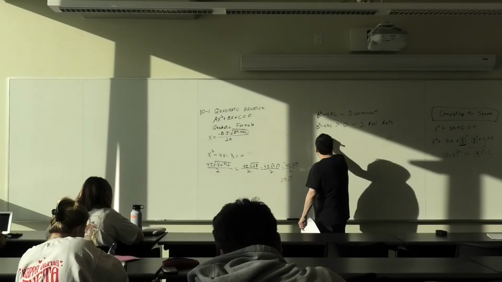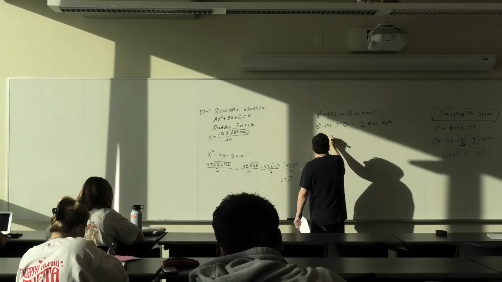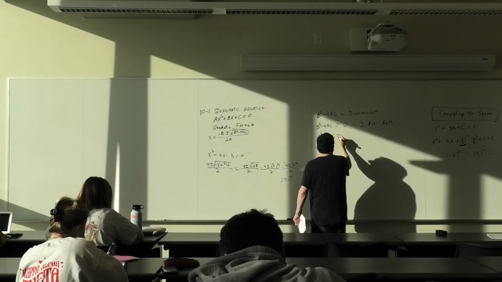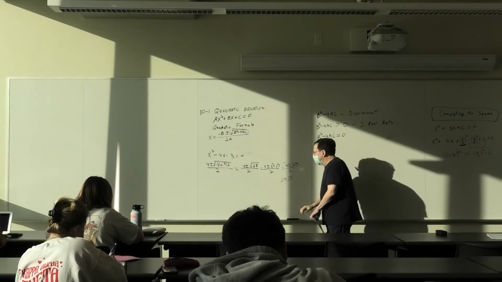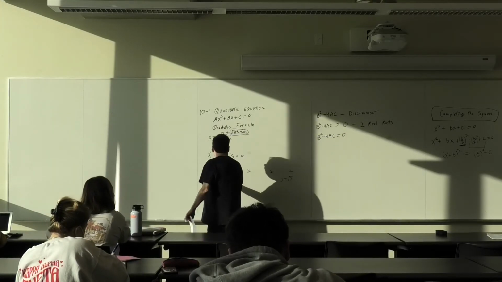The discriminant could be 0. Let's look at an example of that.